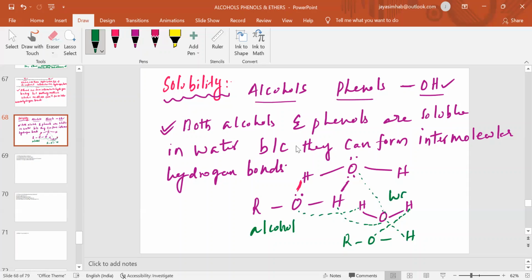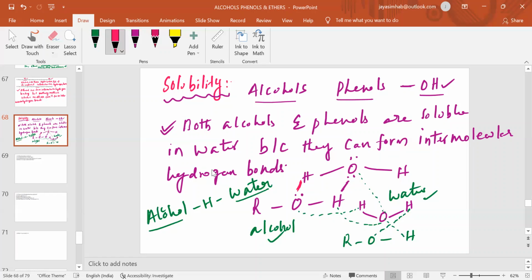In between water and alcohol molecules, hydrogen bonds are formed. So this is one molecule, this is another molecule. We have hydrogen bond here. Because of this reason, they are soluble in water.